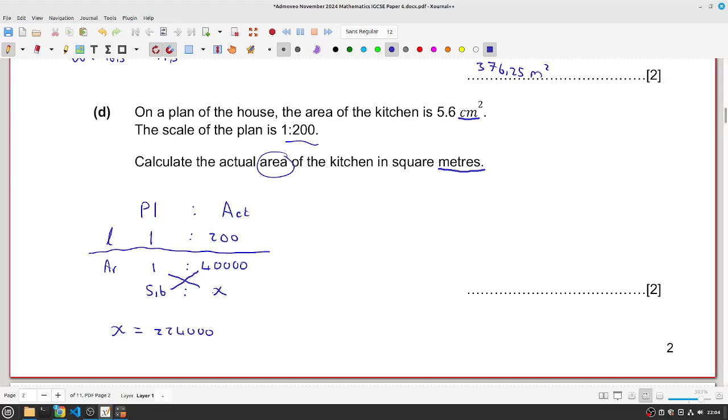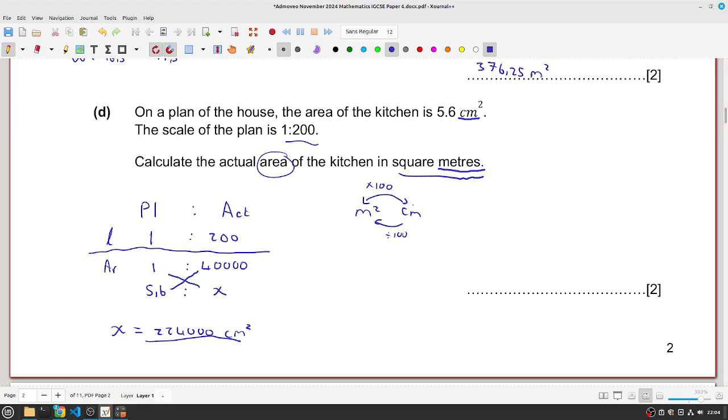224,000. But now remember, this was square centimeters. Now we have to convert this into square meters, as they said there. Okay, so to convert between meters and centimeters, generally, converting between these two, it's 100. Right, so from meters to centimeters times 100, and from centimeters to meters divided by 100.